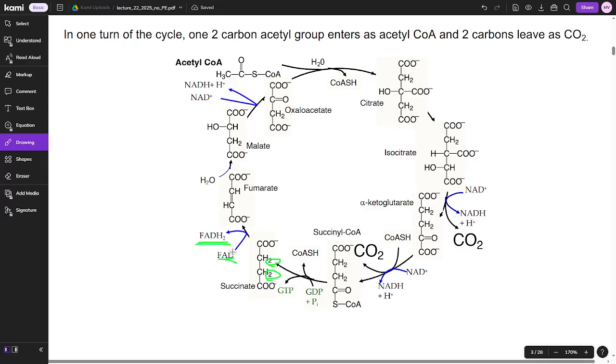That's a very simplistic way of thinking about how it works, but you can think of it like that. Basically, you can think of it as the FAD takes 2 H's, and because it takes 2 H's, it forms a double bond. The other ones all use NAD+, and they also release CO2, except for malate dehydrogenase. This does not release CO2.